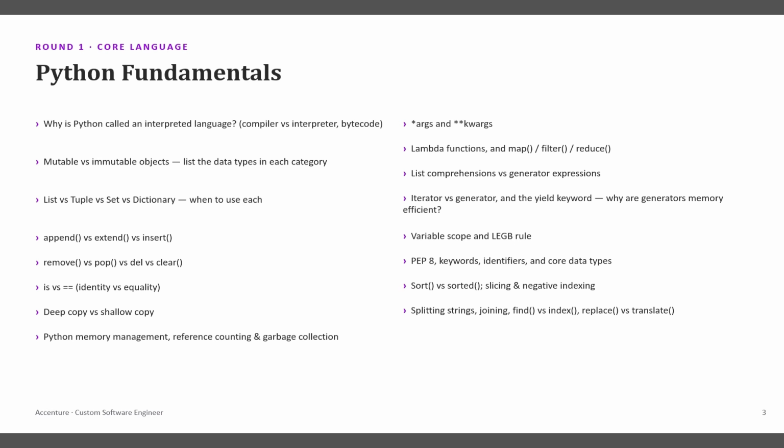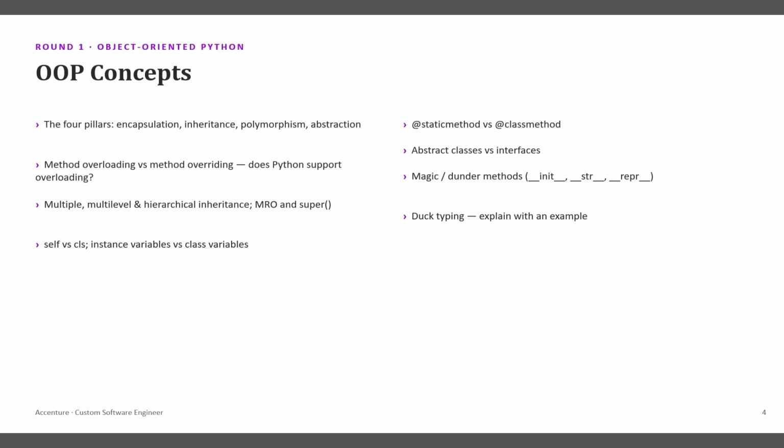On the functional side, expect *args and **kwargs, lambda functions, and the trio, map, filter, and reduce. And finally, list comprehensions versus generator expressions, iterators versus generators, and the big one, what does the yield keyword do? And why are generators more memory efficient than lists? If you can explain this clearly with an example, you'll stand out immediately.